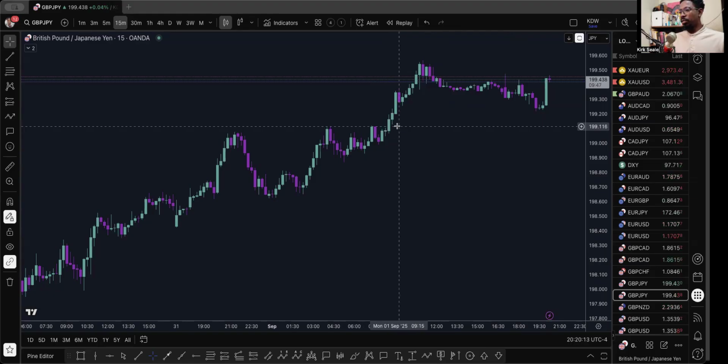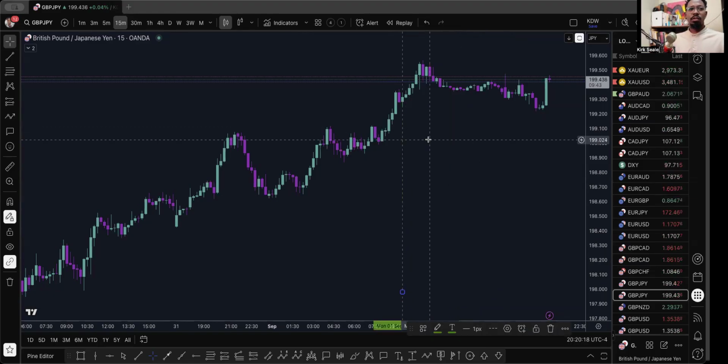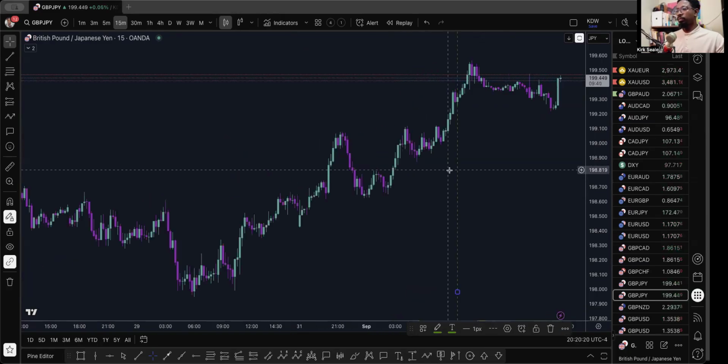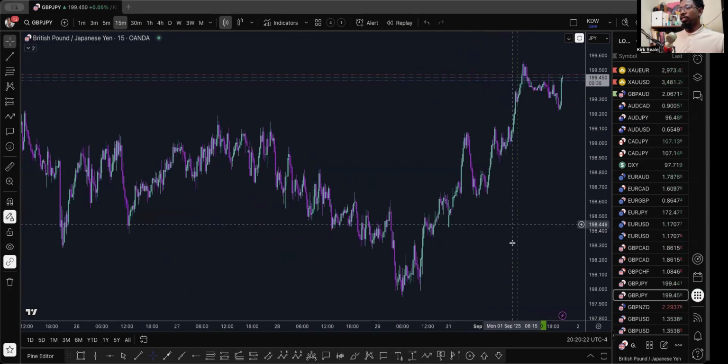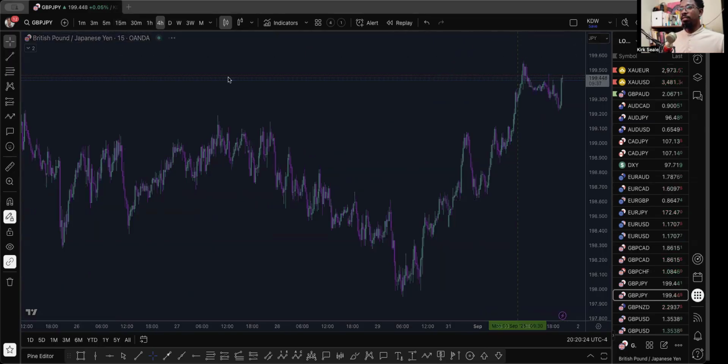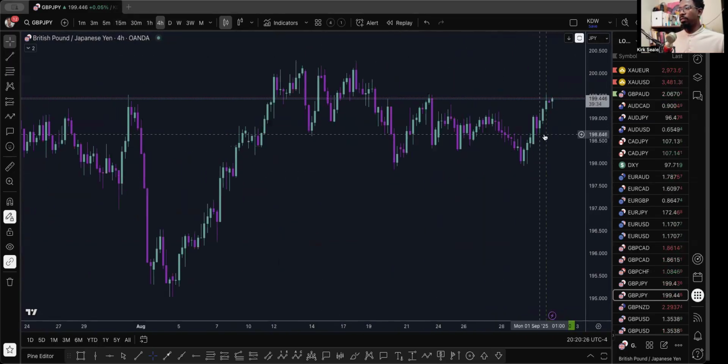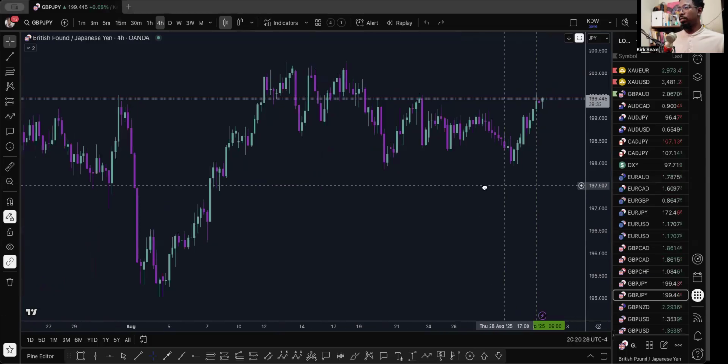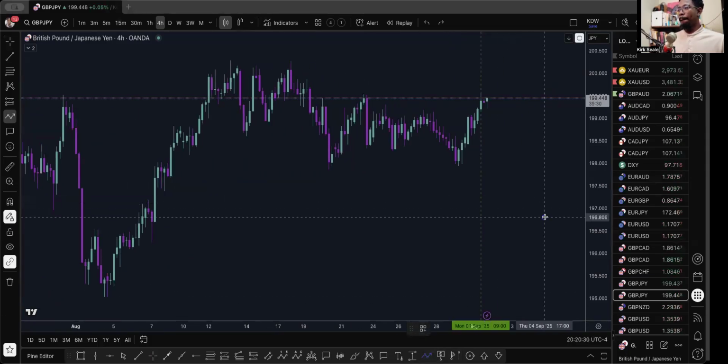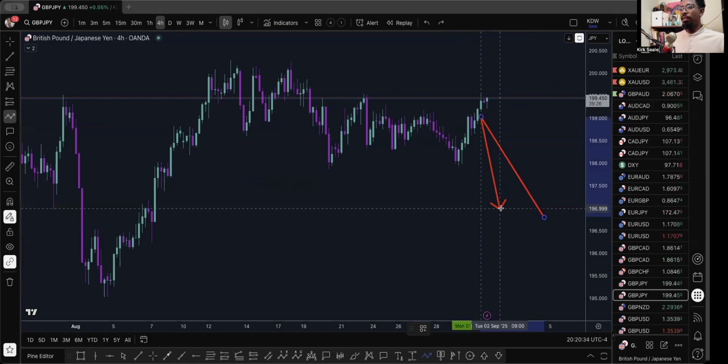So 9:26. Let's look at this 4 hour. So the trade alert came through on this 4 hour candle for a sell.